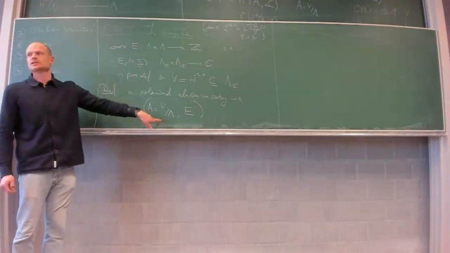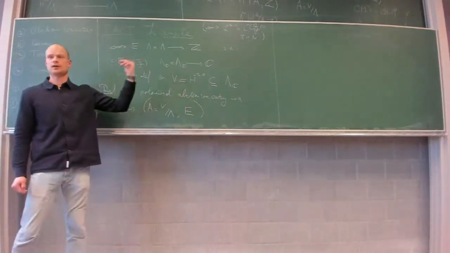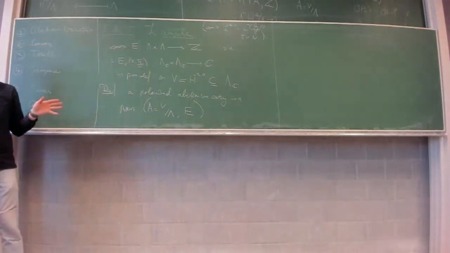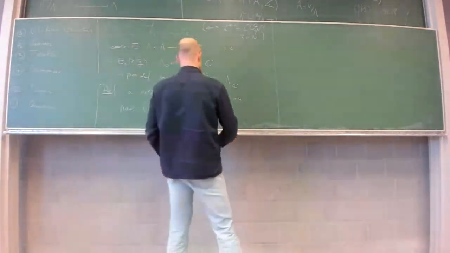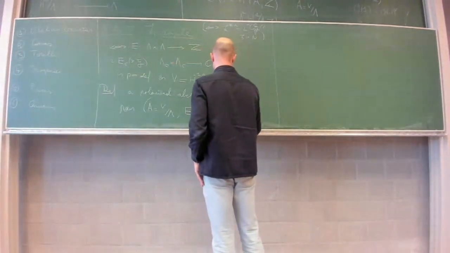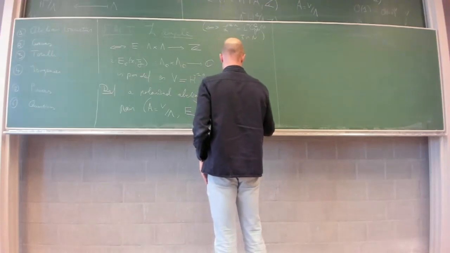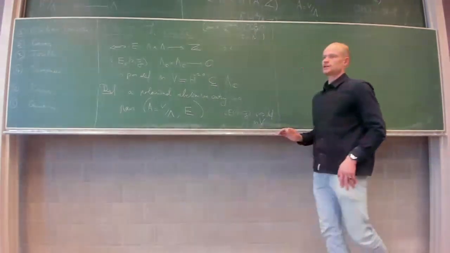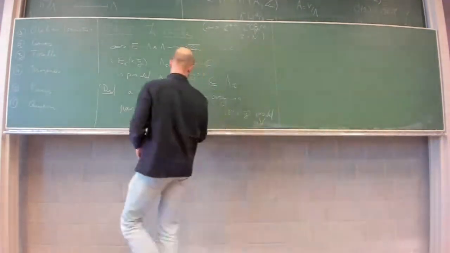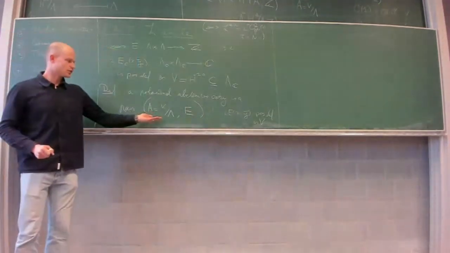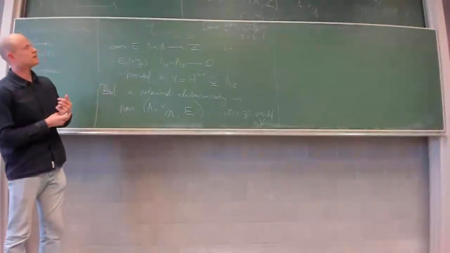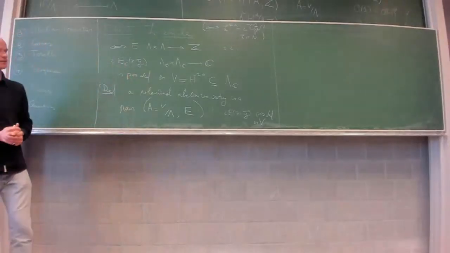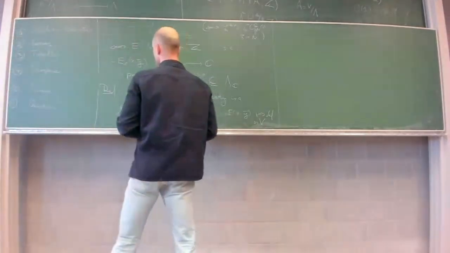It's a pair consisting of a complex torus and an alternating form on the underlying lattice, which is positive definite on the vector space. Alternatively, I could say that a polarized abelian variety consists of a complex torus and the cohomology class of an ample line bundle. And by what I just showed, these two things are equivalent.